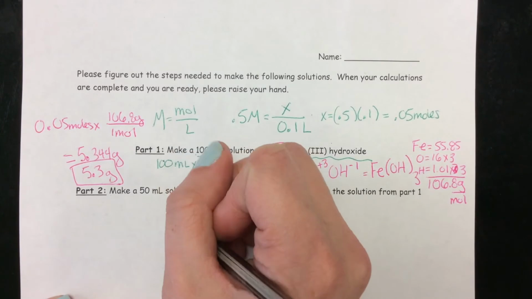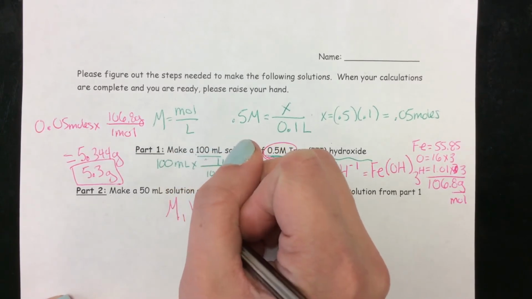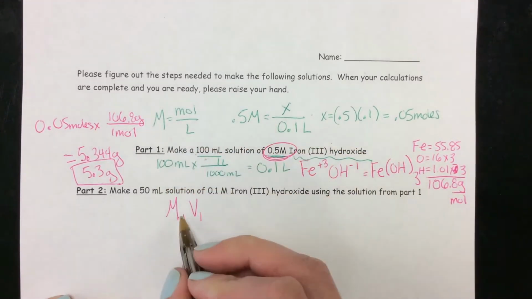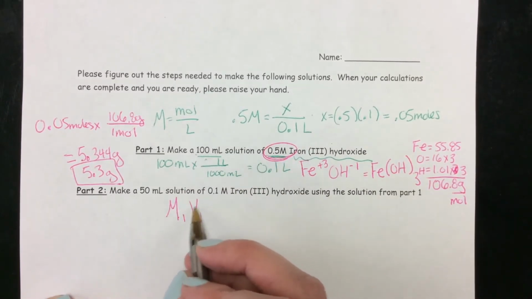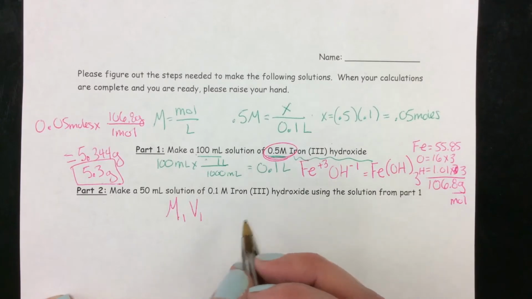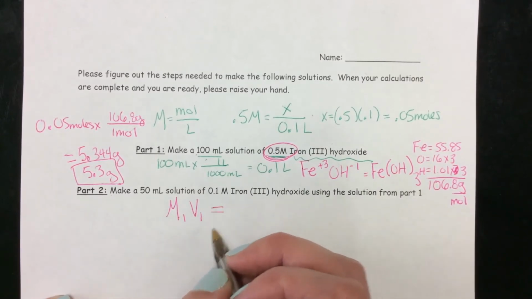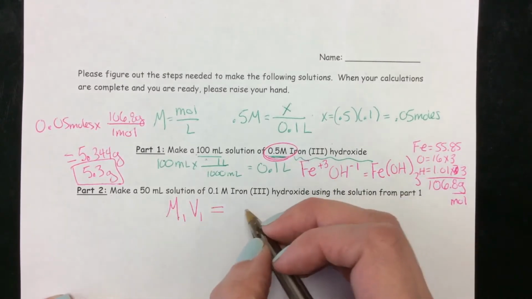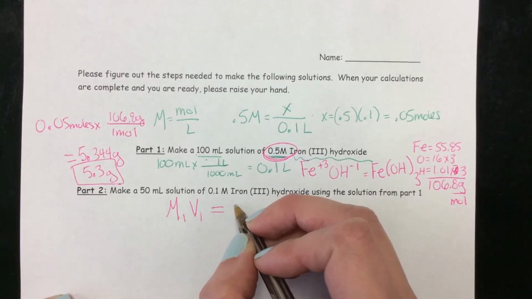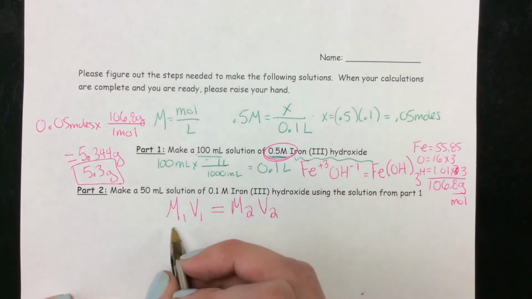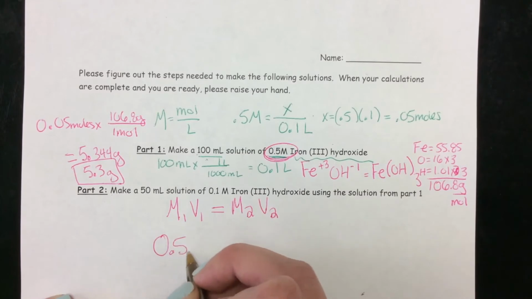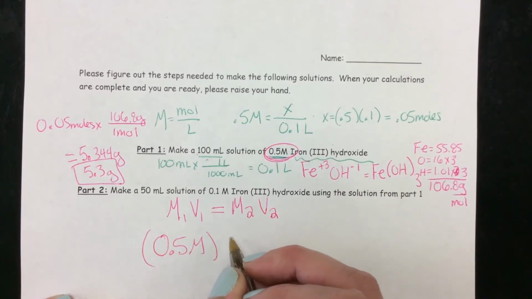So remember, our dilution equation is going to be the molarity of the first one, which will always be from part 1, times whatever volume I need, which is pretty much always what we're solving for in these, is equal to whatever my new molarity I want to make is, times the volume of it I want to make. So my M1 is, as I said, from part 1, so that's 0.5 molar. And my V1 is what I'm trying to figure out.